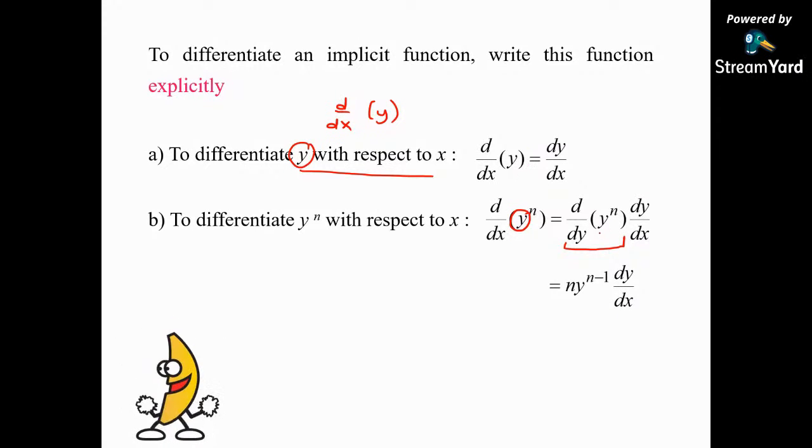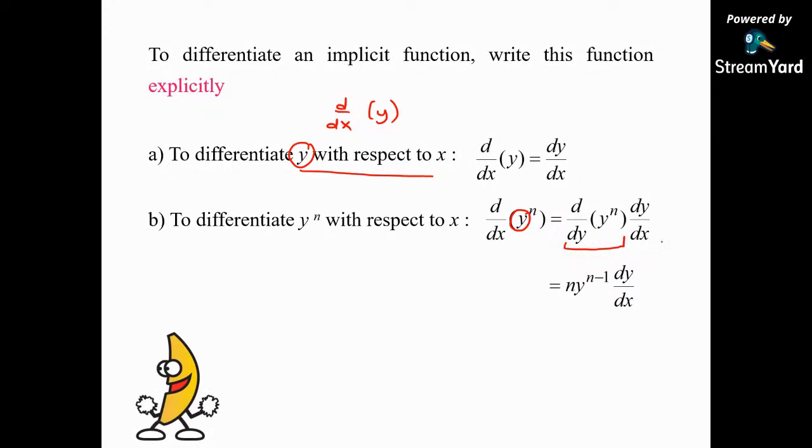Differentiating y to the power of n with respect to y is simply the basic power rule. You bring the power down, copy down the function, deduct 1 from the power, and then differentiate y, which gives 1. So that is how you end up with n y to the power of n minus 1, multiplied by dy over dx.